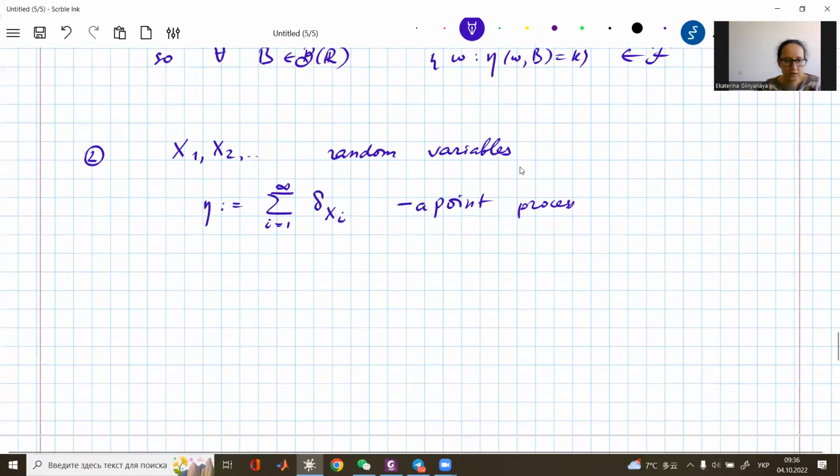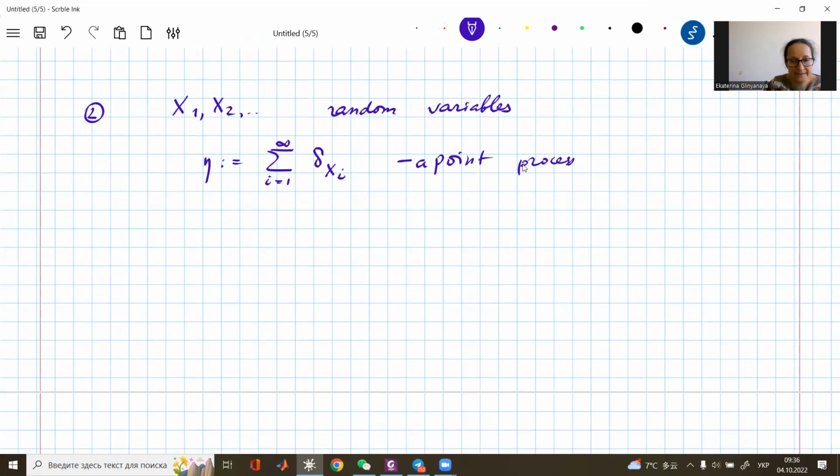Now let us consider an example that is a partial case of this general example, and we will sometimes use this process. This is the so-called binomial process. In the previous lecture, we considered just the binomial distribution, but now we are talking about the binomial process. To define a binomial process, we should fix two parameters.